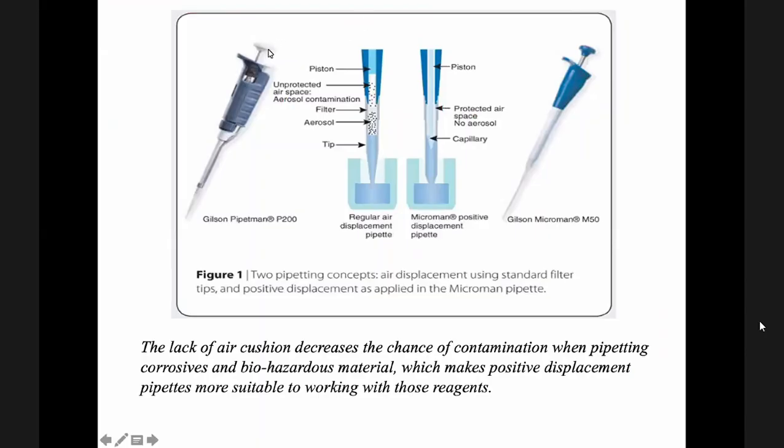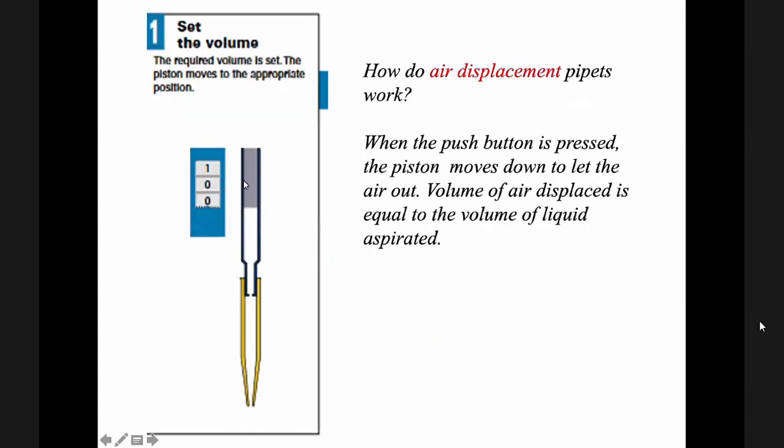So when you push it, the air is displaced. Then when you release it, the air you displaced is replaced by the solution or the liquid you are working with. When the push button is pressed, the piston moves down to let the air out.